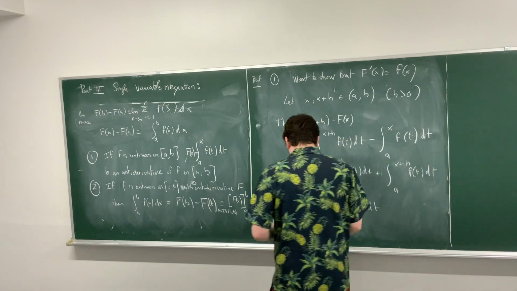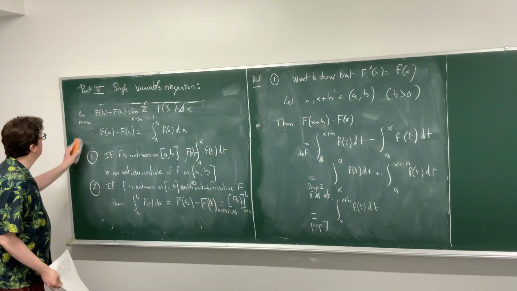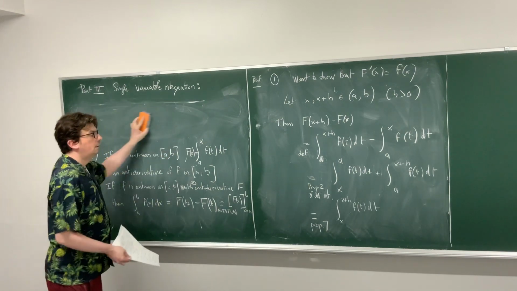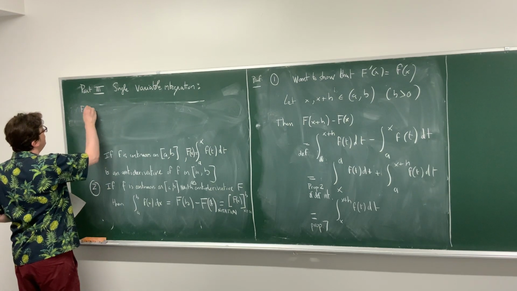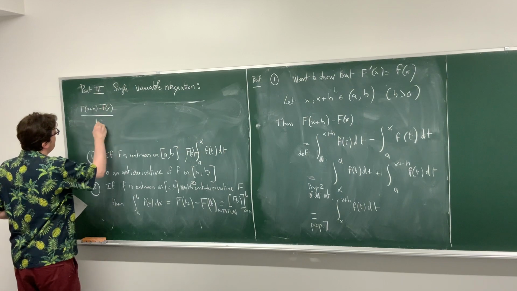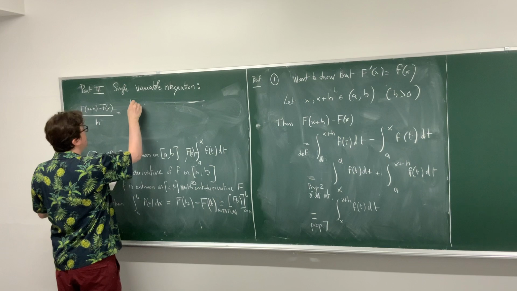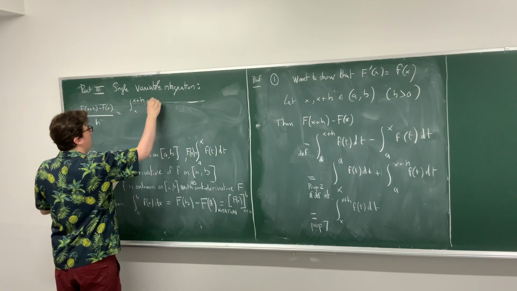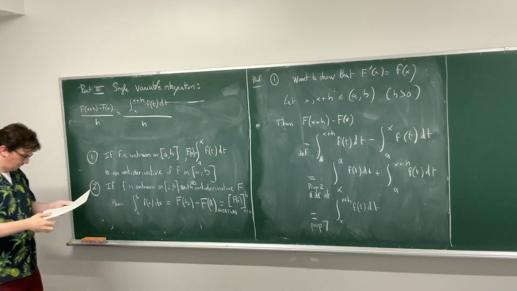Okay, so basically, where am I now? I have shown so far that f of x plus h minus f of x, and then now let's divide by h, will be the integral between x and x plus h of f of t dt, and then I divide by h.